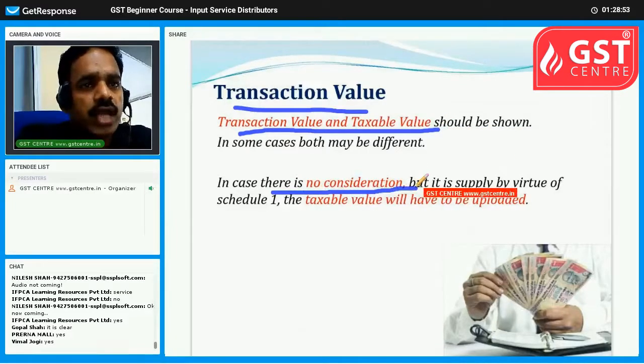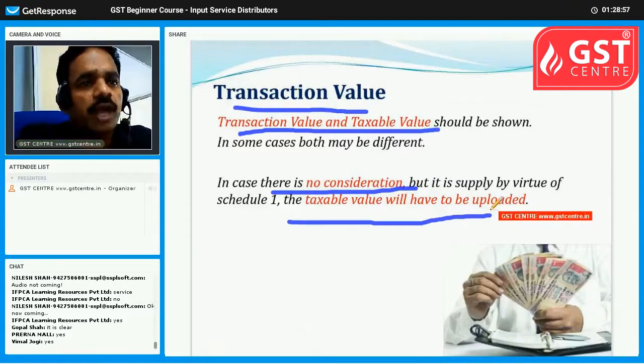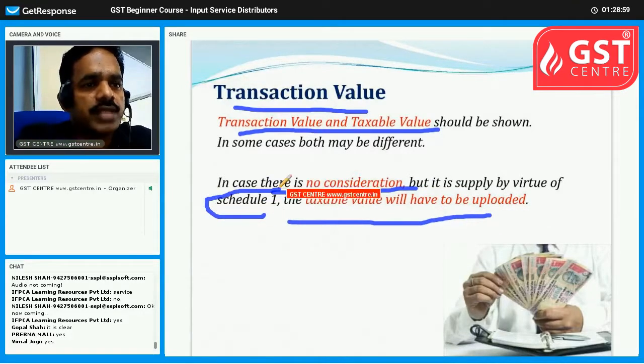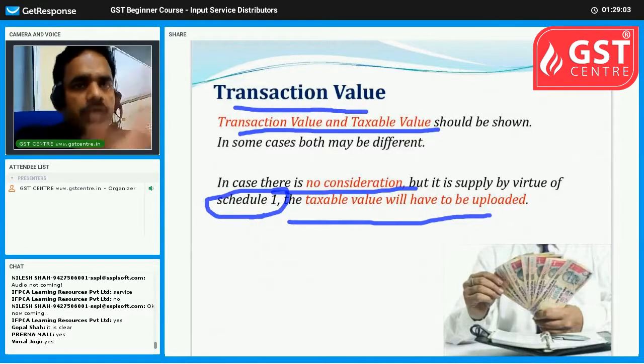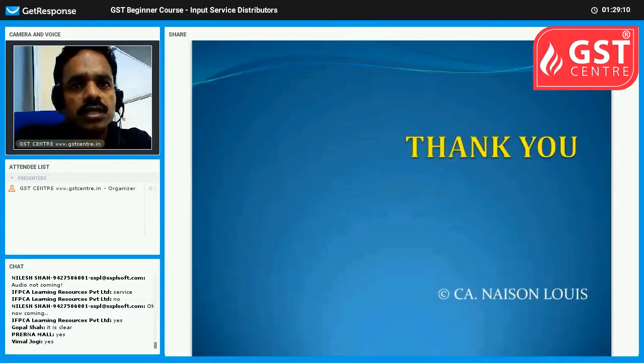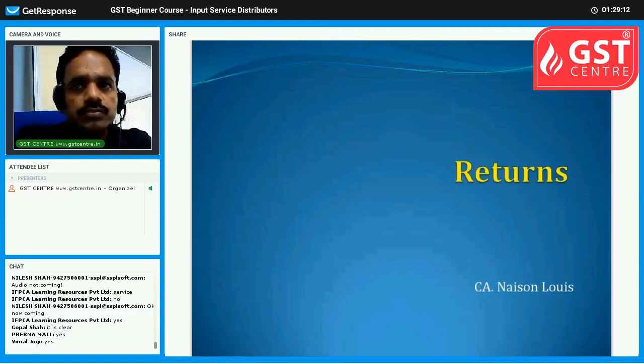If there is no consideration, taxable value will have to be uploaded for some transactions that are mentioned in Schedule 1. There should be taxable value in the invoice. So these are the main points in that PPT.